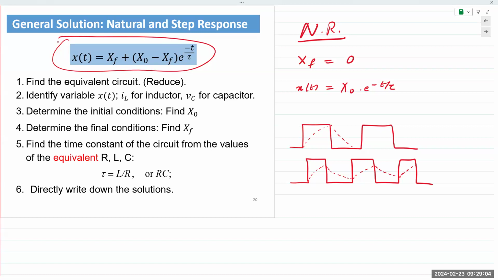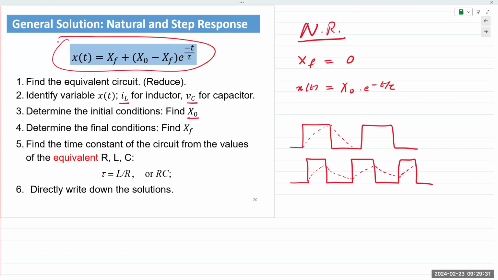All right, so the rest of the steps remain the same. You redraw the circuit, and you find the equivalent circuit by reducing all the components down to one single element. You identify the variable, which is current for an inductor and voltage for a capacitor. Determine the initial conditions, the values for x0.